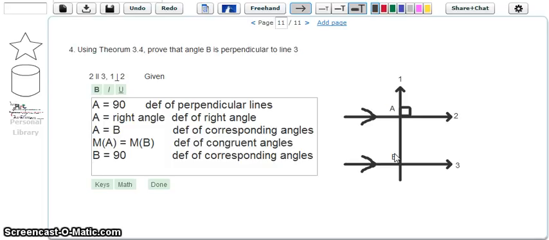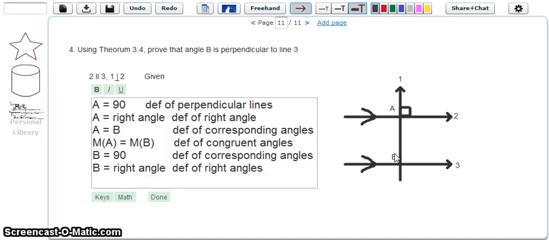The second to last step is to say that angle B equals a right angle, simply because of the definition of right angles. And I know this is all kind of repetitive, but in order to complete the proof properly, you need to have each one of these in here.